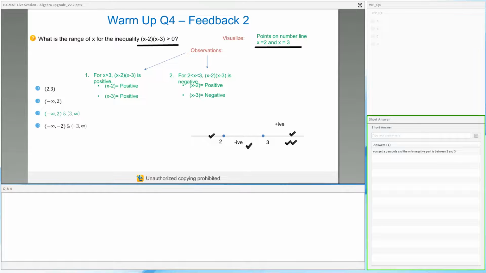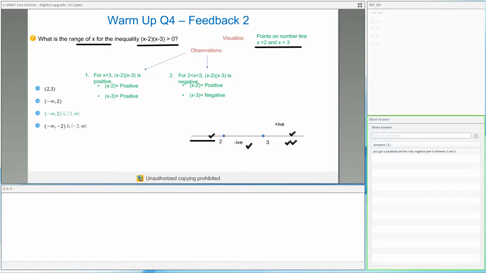So that means any value between 2 and 3, any value that you take and put in this expression, you'll always get less than 0. Right? Negative value. The product will be negative. But you don't want that, right? You're looking for the ranges of x which will give you greater than 0. Keep this in mind.